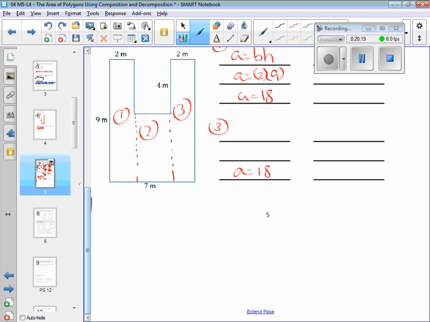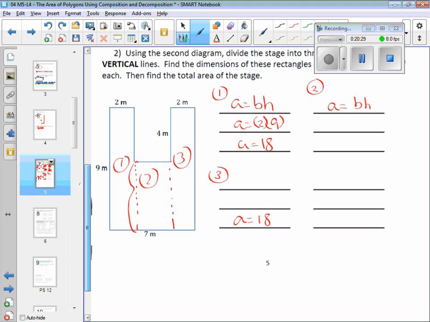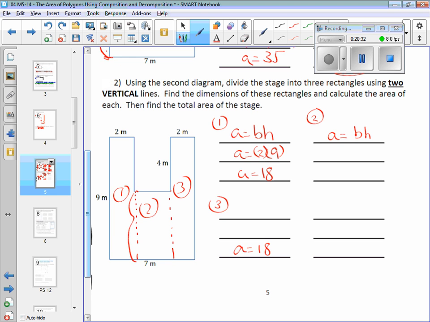Well, tell you what, give me the height first. Give me this piece first. Yes, that's 5 because 5 plus 4 is going to make a 9. So, the base is tricky. You have to know from here to here.